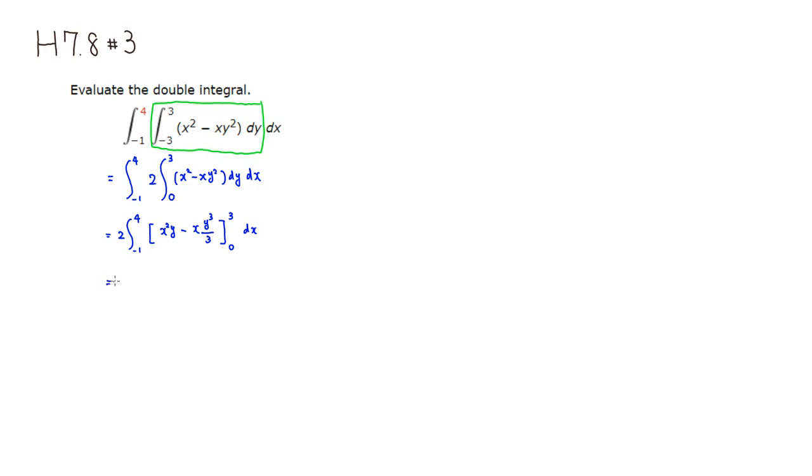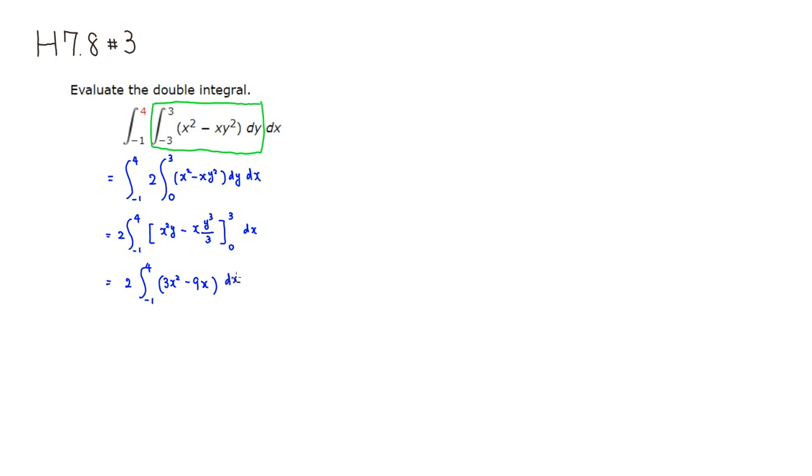So we've got the 2 still outside, integral from -1 to 4. Plugging in 3 for y gives us 3x squared. Then plugging in 3 here, one of the 3s cancels out, so it's minus 9x. If you plug in 0, it's all 0, so I'm not going to write anything down.